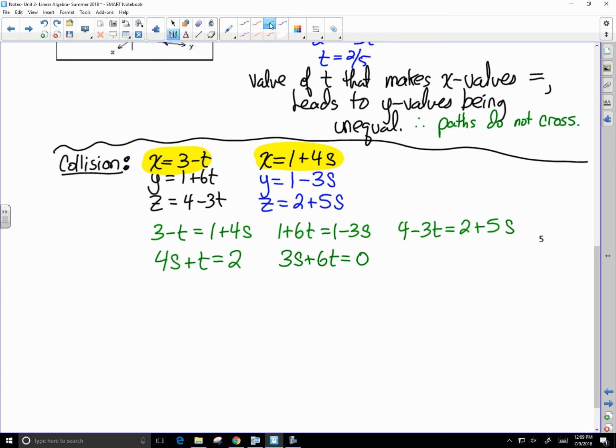And then 5s plus 3t equals 2. Hopefully. All right, so I come up with my coefficient matrix. 4, 1, 3, 6, 5, 3.